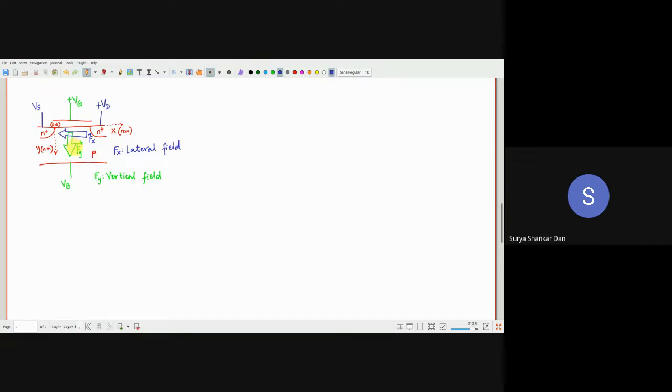So the phenomenon we observe in the MOSFET because of the VDS voltage, which gives you the Fx or lateral field, is mutually exclusive, that is independent, of the phenomenon we observe due to the vertical field. So the phenomena because of Fx and Fy don't depend on each other.